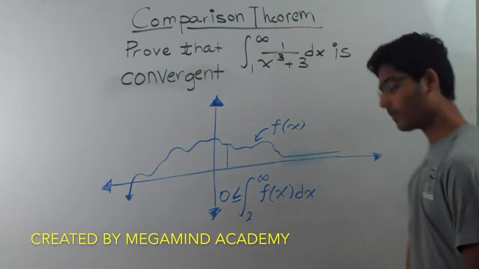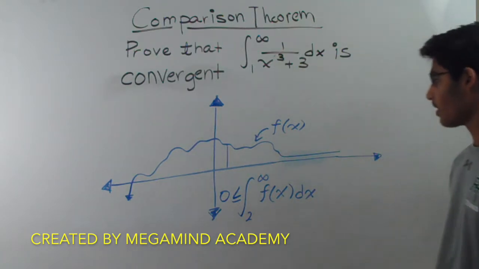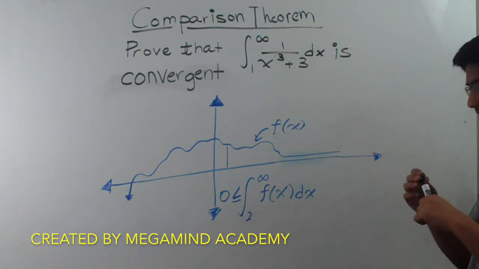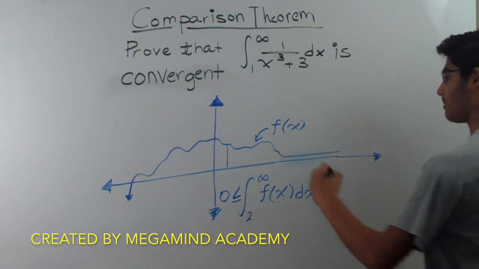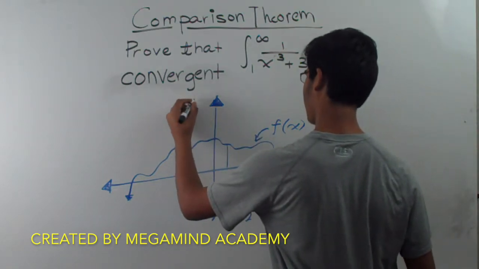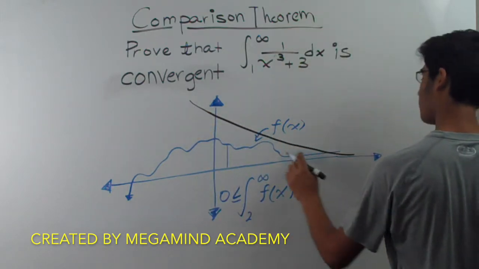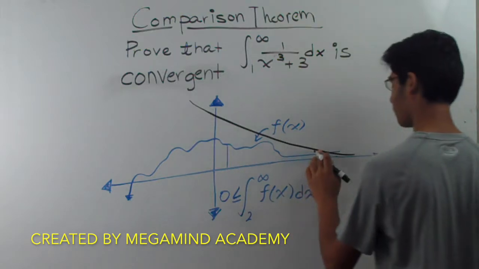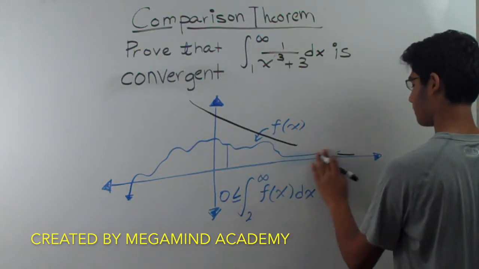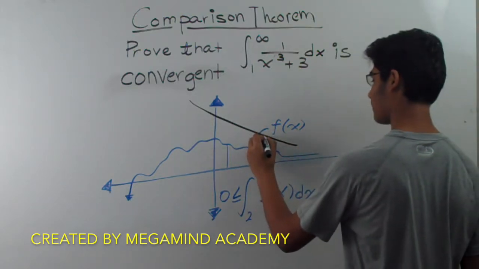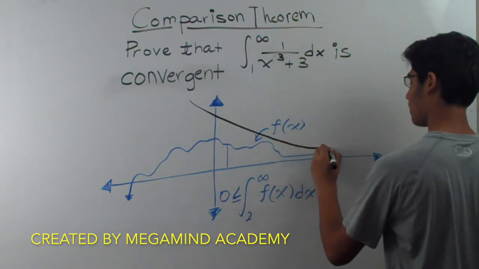So now how do we figure out whether this is convergent? Well, let's say that we knew another function. Let's say that this function looked like this.